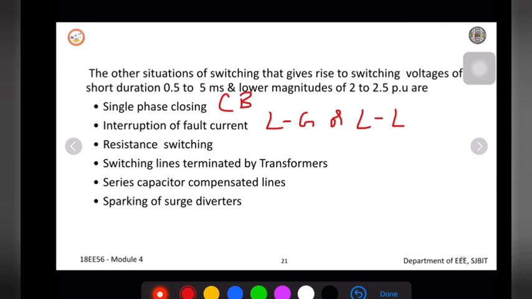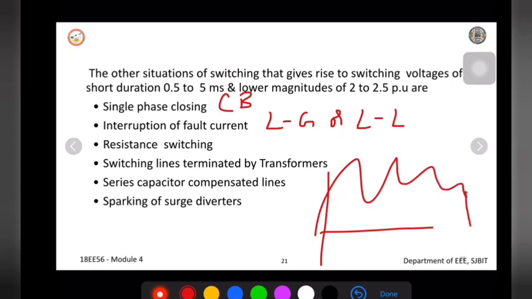The fault current won't be the same because it has to settle down, right? Initially there may be an oscillation. When you clear the fault, it has to settle down. The LG fault we call a symmetrical or unsymmetrical fault. This concept also we will study in the next semester in the PSA subject, power system analysis.